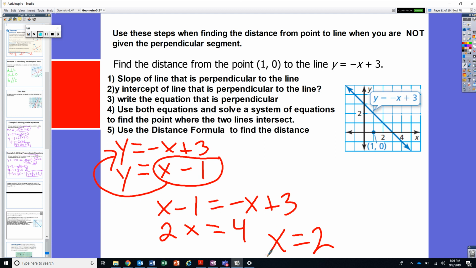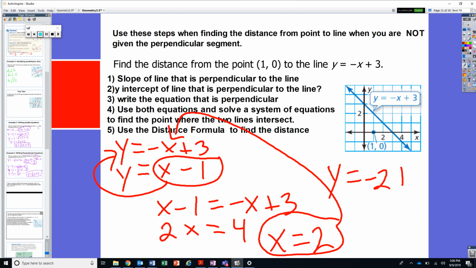So now let's take x equaling 2 and substitute it back into y equals negative x plus 3 to find out where the point of intersection is between these two equations. So y equals negative 2 plus 3 leaves me at y equals positive 1. Let's recap for a sec.